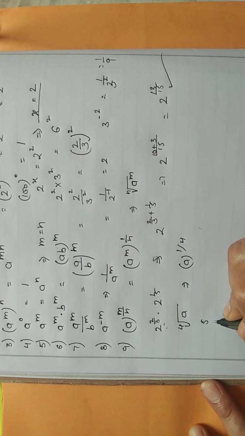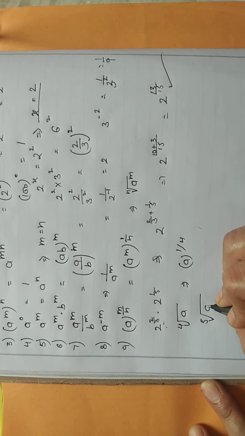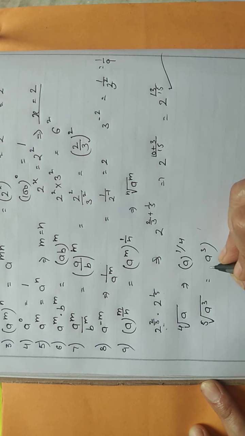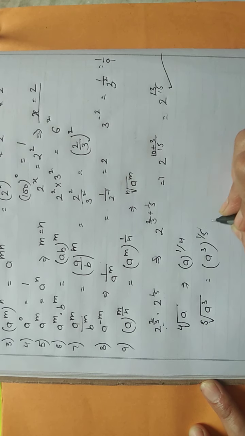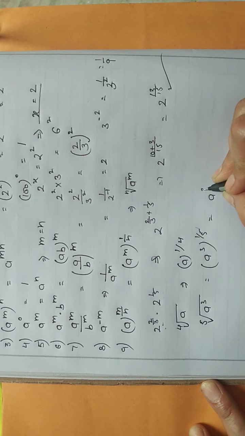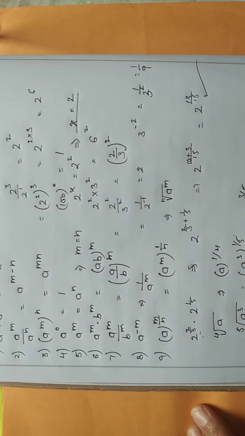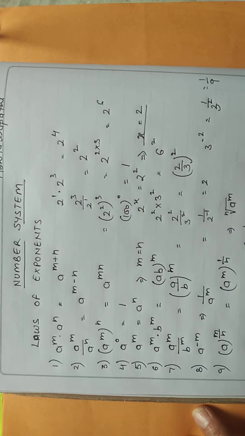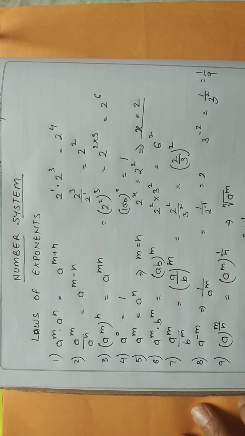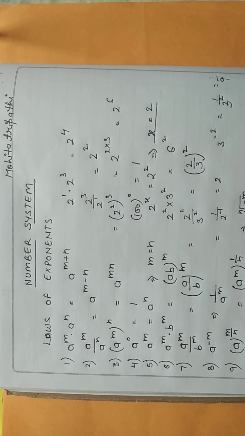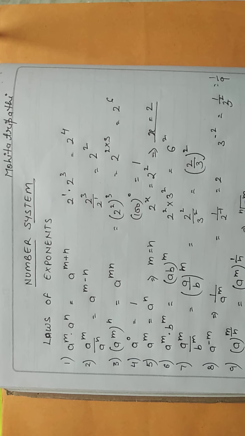For example, the radical is 5th root of a cube, then a cube will be as it is and 5 will be 1 upon 5. Then how will you solve it? 3 upon 5. Okay. So these all are the rules for the number system which you have to learn so that it is easier for you to solve your questions.